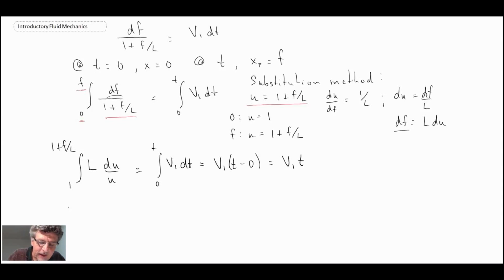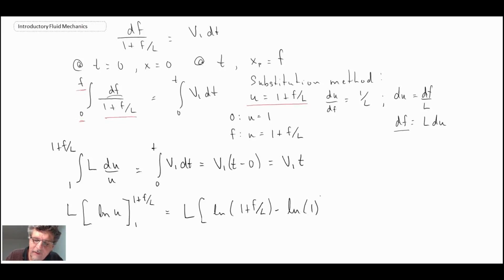What we get is L multiplied by the integral of du over u, which is the natural logarithm of u. And that is evaluated in the limits from 1 to 1 plus f over L, which we can then re-express as L times ln of (1 plus f over L) minus ln of 1. And if you check, ln of 1 turns out to be 0. And that will be equal to v1t on the right-hand side.